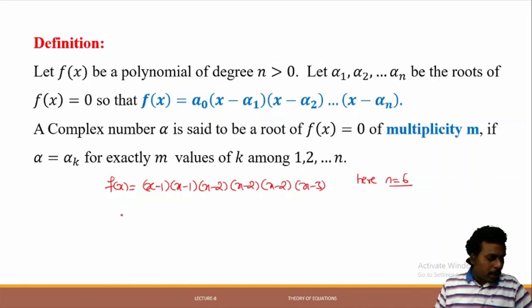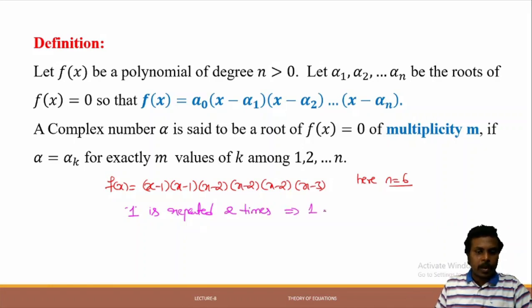One can notice that 1 is repeated 2 times, which implies 1 is a root of f of x is equal to 0 with multiplicity 2.